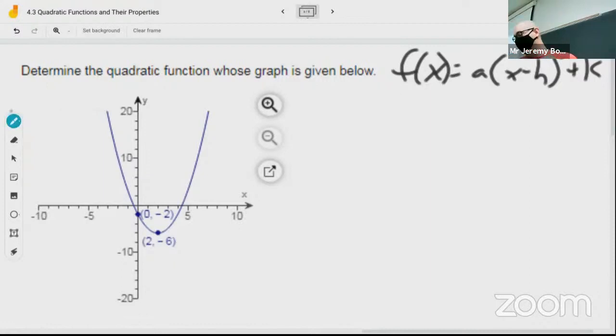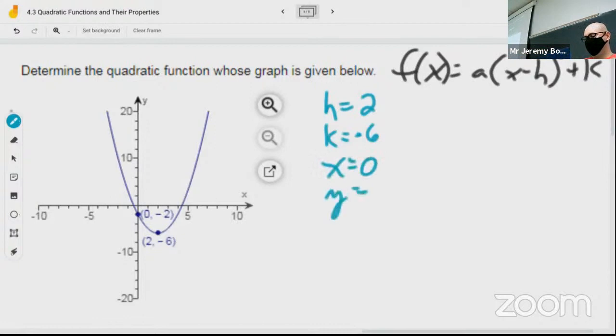You have to have the vertex, otherwise you don't know what the function is going. And one other point. And so we got a vertex of (2, -6), so h is 2, k is -6, and then they give us the point (0, -2), which is the y-intercept, where x is 0, y is negative 2, or f of x, right?